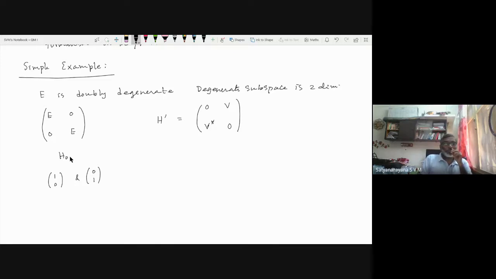Now suppose you want to calculate the first order correction. So use the non-degenerate formula.